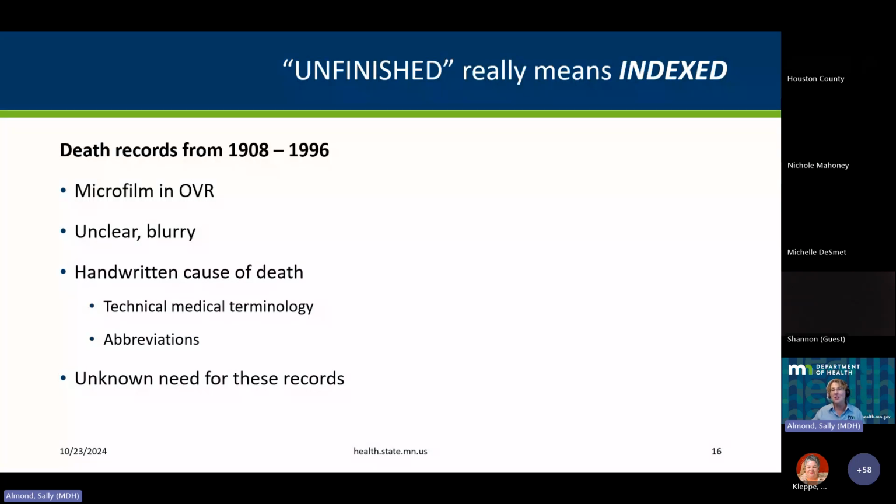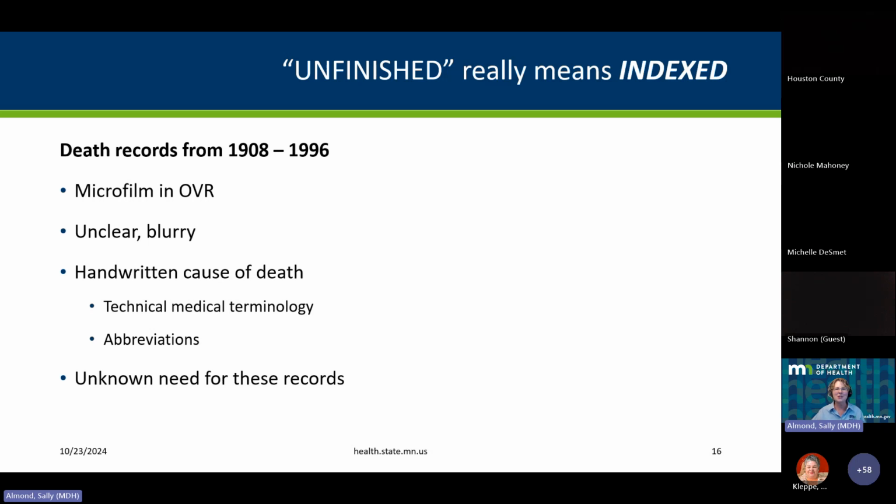So instead of trying to do the data entry of all of that information, knowing that doctors have really technical and abbreviated causes of death, and it's pretty much always handwritten and not so neat, they're hard to decipher.